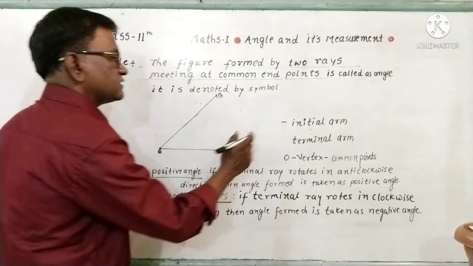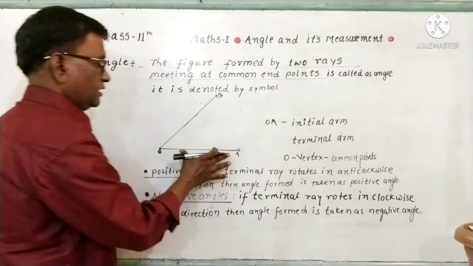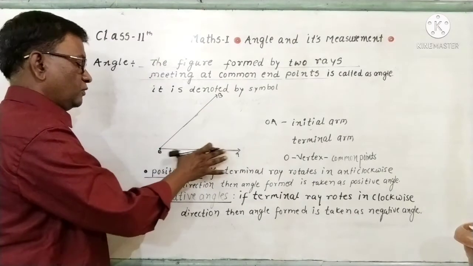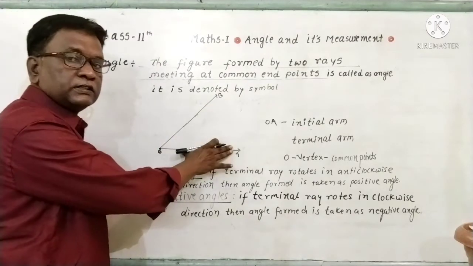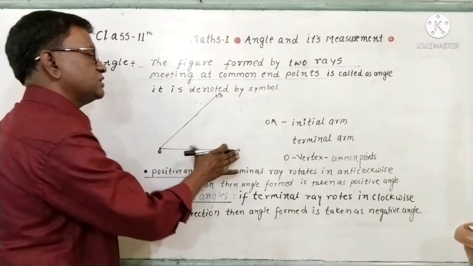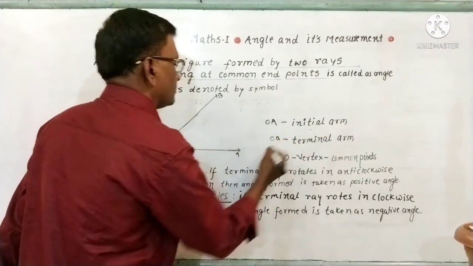This OA is called the initial arm. Here this figure is an angle, and OA and OB are called the arms of the angle. Then OA is the initial arm, and OB is the terminal arm.